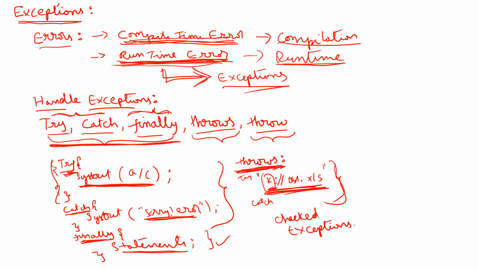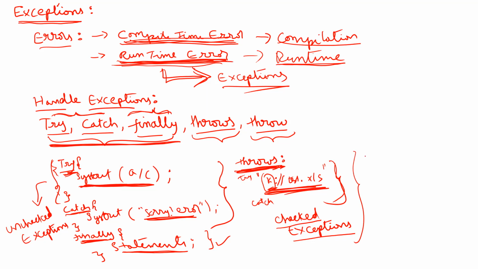That means whatever exceptions the compiler already knows a particular piece of code may cause, and which have to be handled before compilation itself, are called checked exceptions. And all the other exceptions that we can handle using a try catch block are called unchecked exceptions. So that's about the throws keyword.